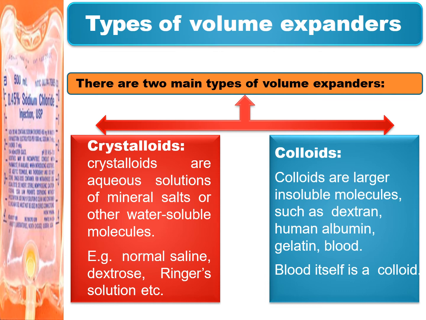Such as dextran, human albumin, gelatin, and also blood itself are the best examples of colloid. So about the colloids also we will discuss in detail, with respect to the colloidal preparations which we are using as volume expanders like dextran, human albumin and gelatin.